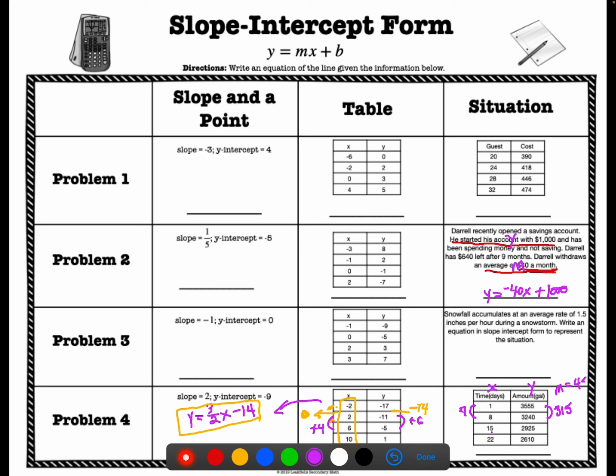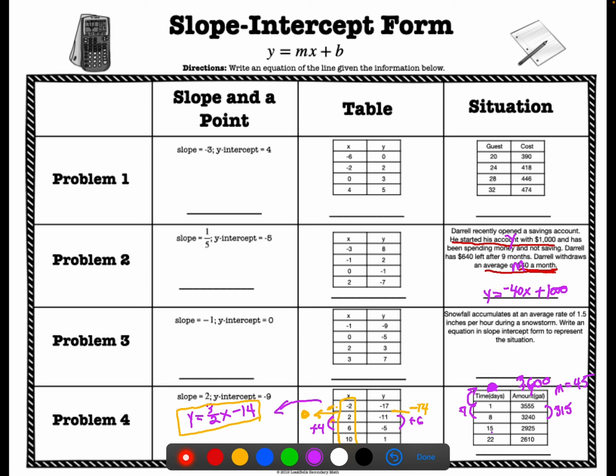So m equals 45. We can use this slope to go back a day and see, okay, what amount did we even start with? All right, so we can do that by adding 45 to 3,555. And that gives us 3,600. So on day 0, meaning the starting date, the number of gallons was 3,600.